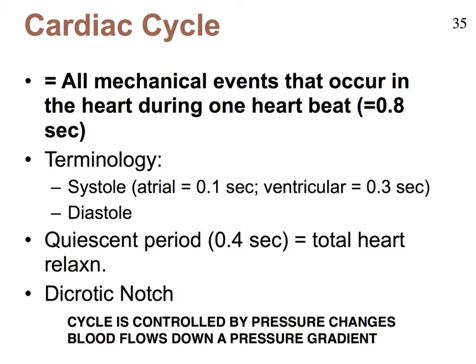So here in the cardiovascular system, we're going to focus on the blood flowing from areas of high pressure to areas of low pressure, following its pressure gradient. Once we get to the respiratory system, we're going to talk about the flow of gases, whether it's oxygen or carbon dioxide, even others, moving from areas of higher pressure to lower pressure areas. They're going to follow their pressure gradient.